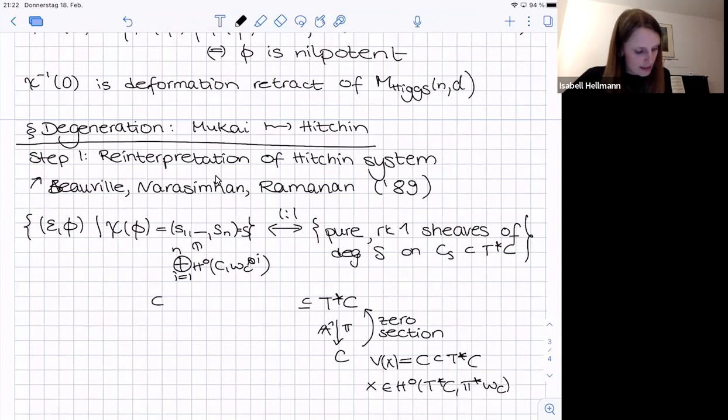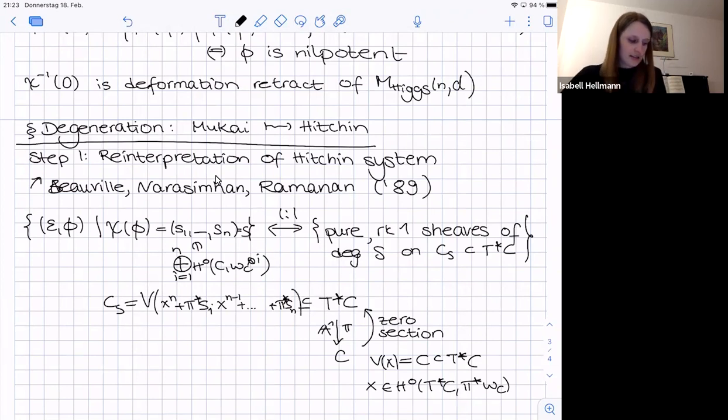C_S is defined by the polynomial x^n plus pi^* s_1 times x^(n-1) plus pi^* s_2 times x^(n-2) and so on, plus pi^* of s_n.